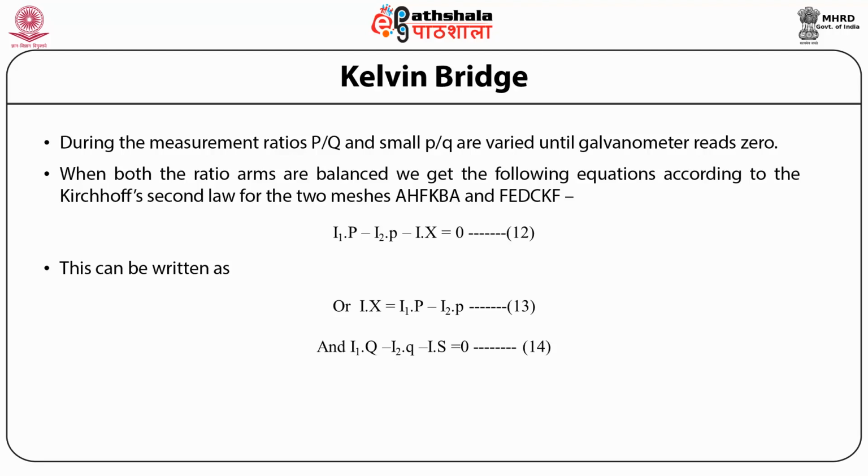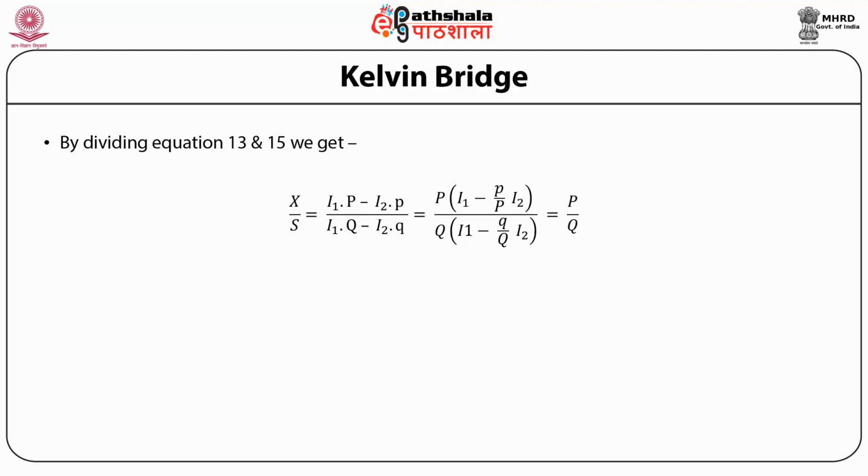This is equation 14. This can be written as I1 into s equals I1 into q minus I2 into small q. This is equation 15. By dividing equations 13 and 15, we get x divided by s equals I1 into P minus I2 into small p, divided by I1 into Q minus I2 into small q.